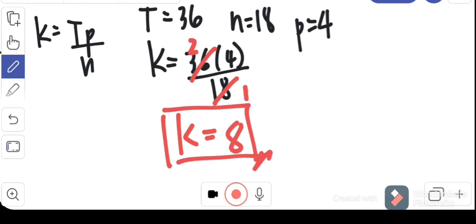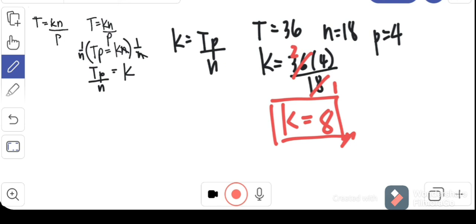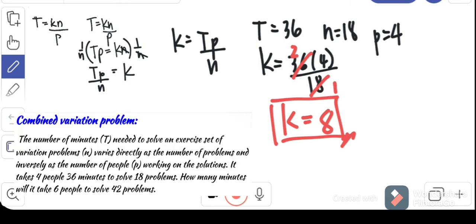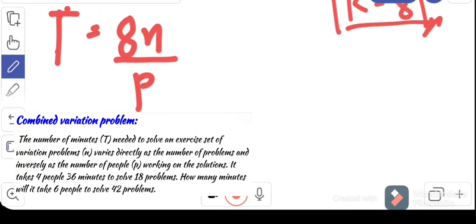After finding K, now we can change the equation. It is now T is equal to 8n over P. How many minutes?